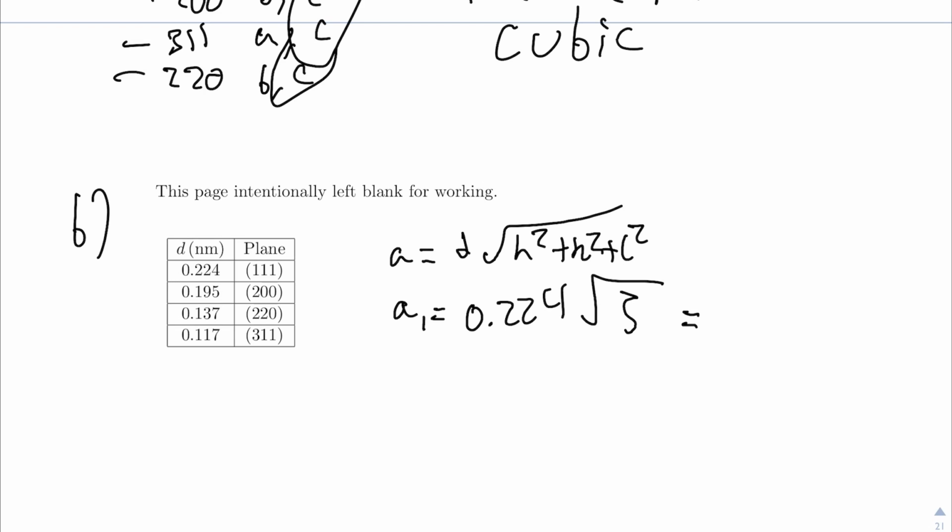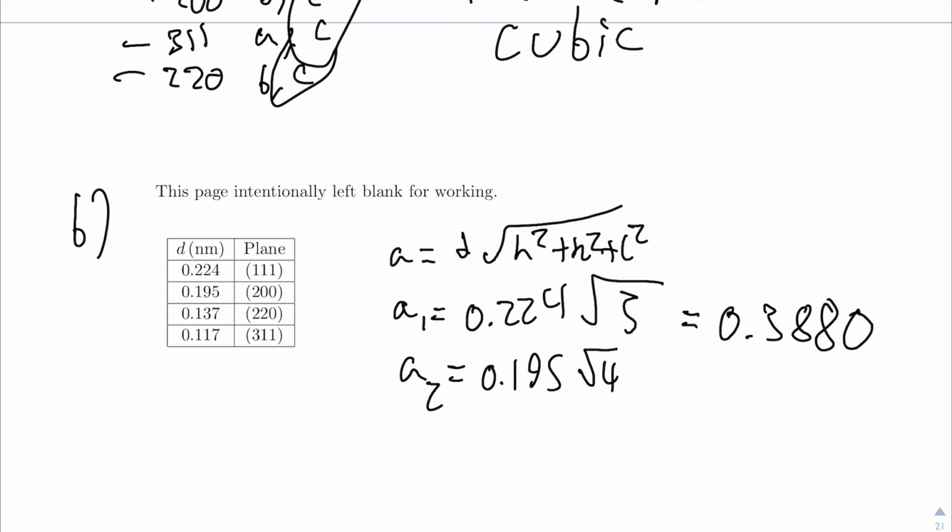On the calculator this is 0.3880. Okay, so A2, we have 0.195 times the square root of 4, so basically doubling that, we get 0.39.